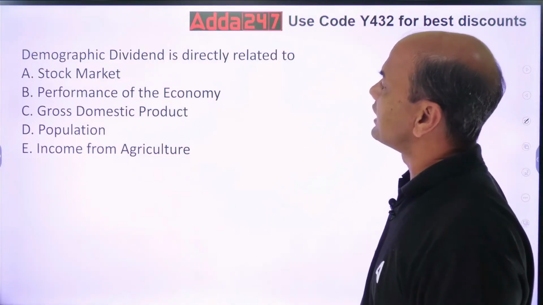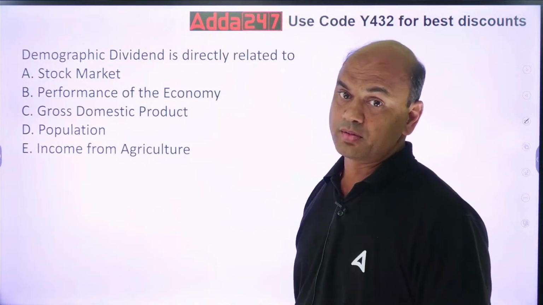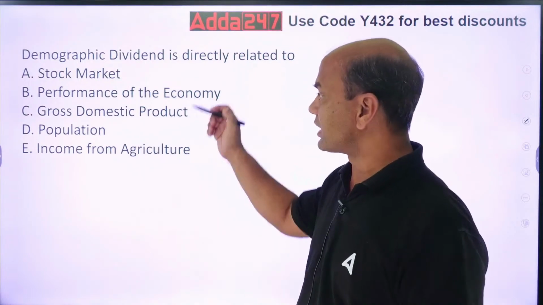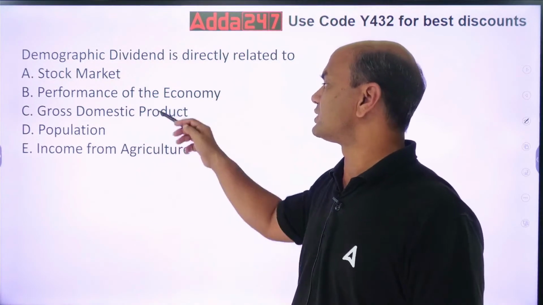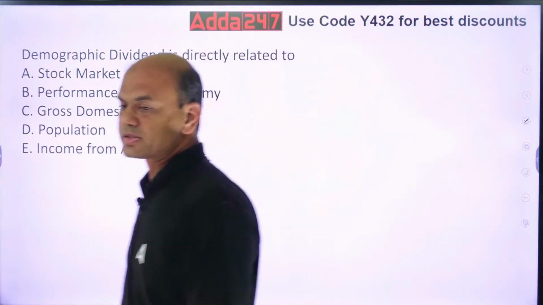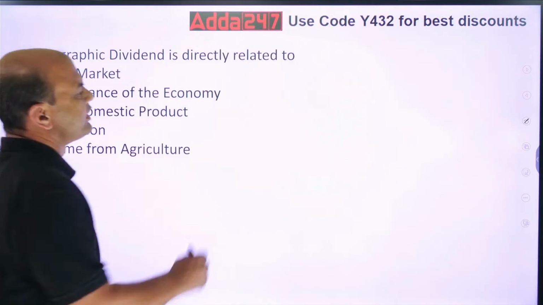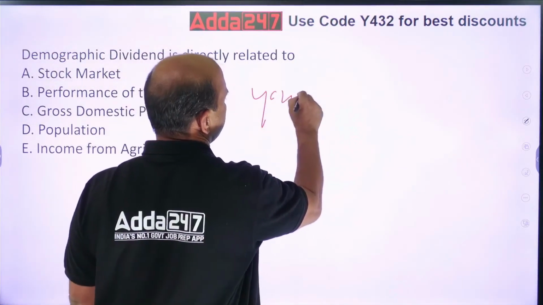Demographic dividend is directly related to what? Youth, stock market, performance of the economy, gross domestic product, population, or economic income from agriculture. Demographic dividend means what? Young population.